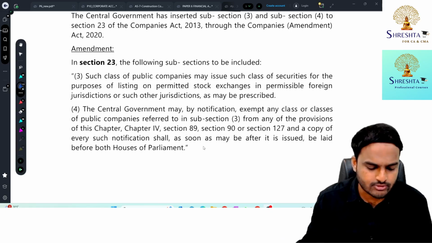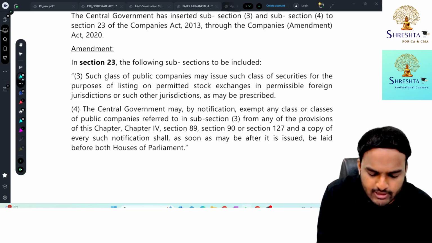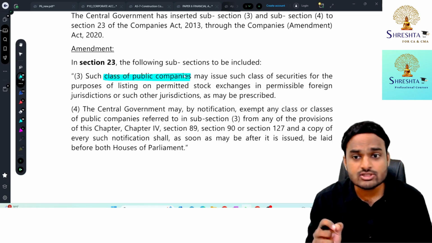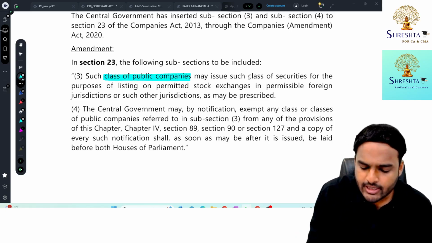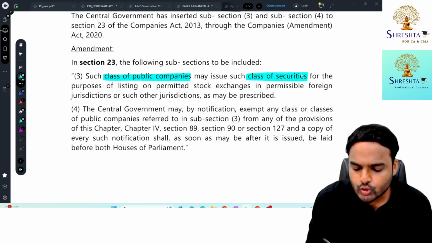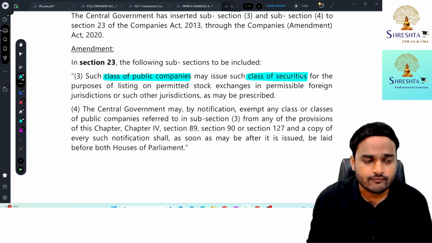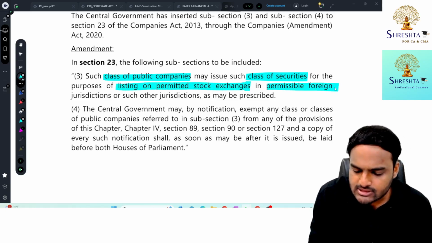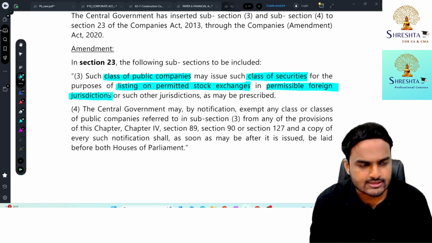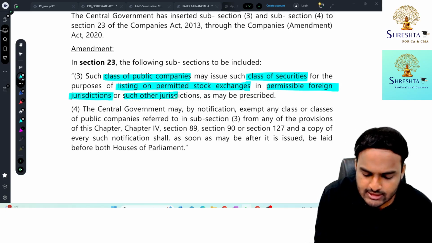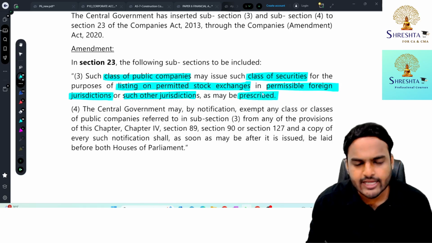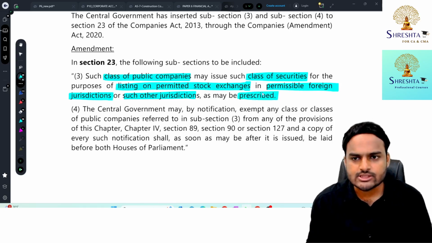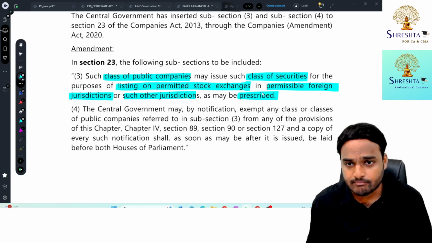So what is subsection 3? Such class of public companies may issue such class of securities for the purposes of listing on permitted stock exchanges in permissible foreign jurisdictions or such other jurisdictions as may be prescribed. This subsection is discussing public companies.